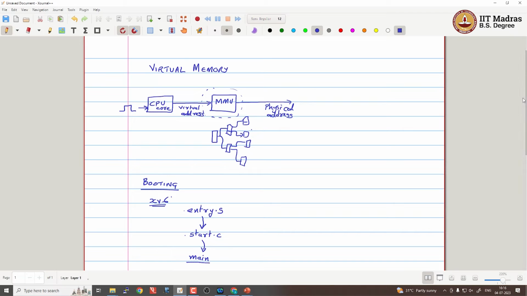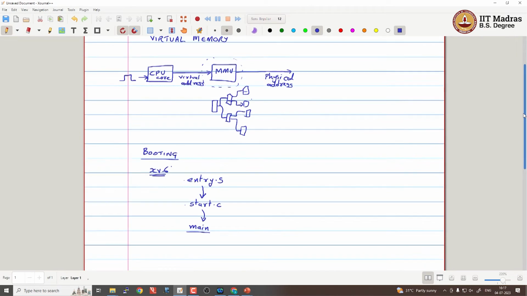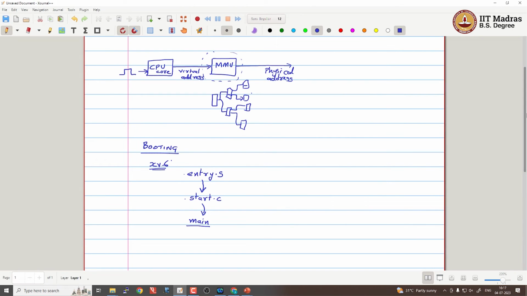Now, in the main function, before turning on the memory management unit, the kernel would have to set up this hierarchy of page tables. So we are going to see that process now, about how the kernel would set up what is called the kernel virtual address space, and then turn on the memory management unit, and thereby enable the conversion from virtual to physical address.